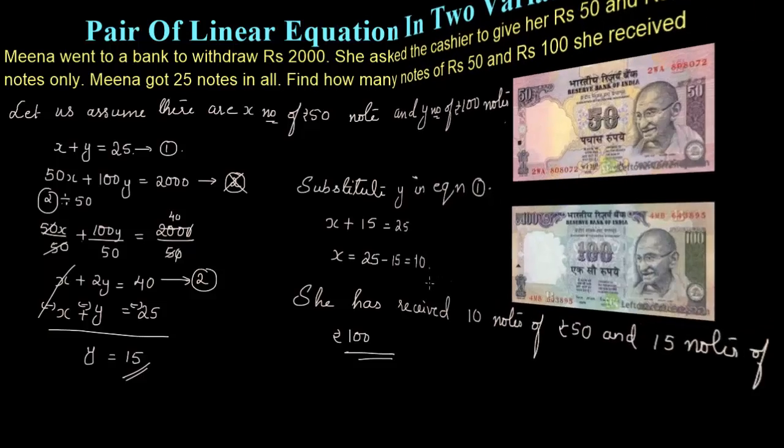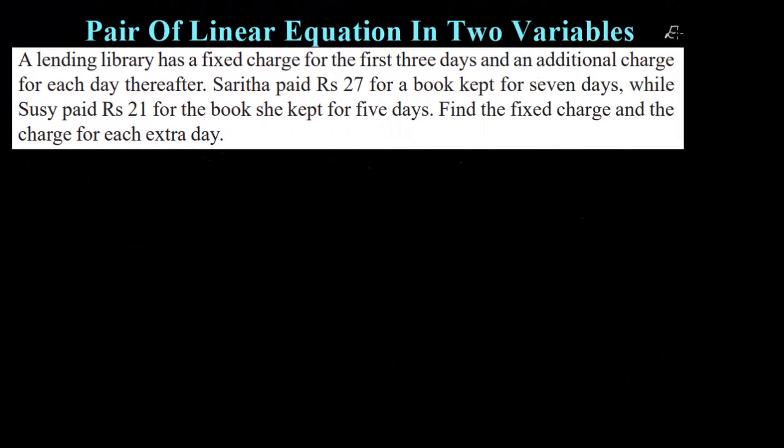No problem in that. So let us do the last question of exercise 3.4. A lending library has a fixed charge for the first 3 days. So there is a lending library, and whenever you go to the library and keep a book, there is a fixed charge for 3 days and an additional charge for each day thereafter.